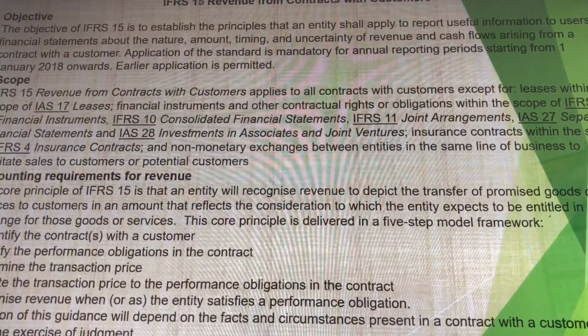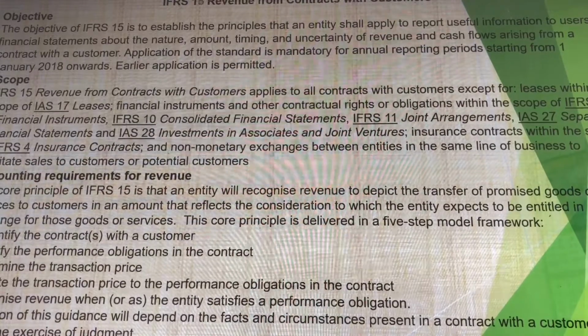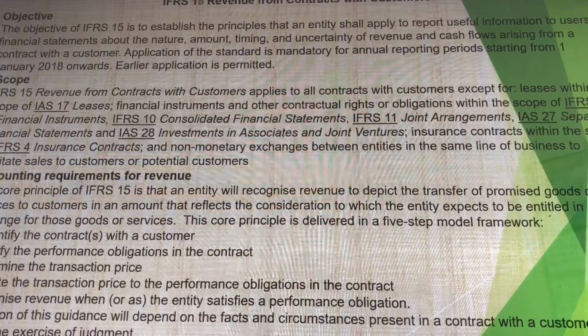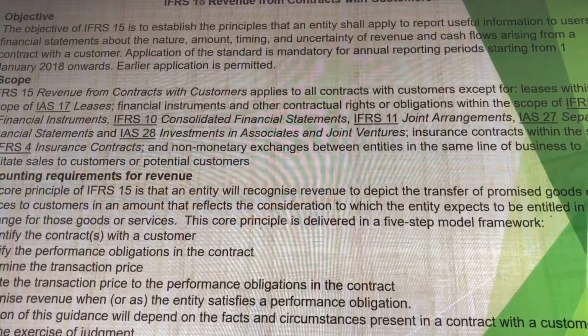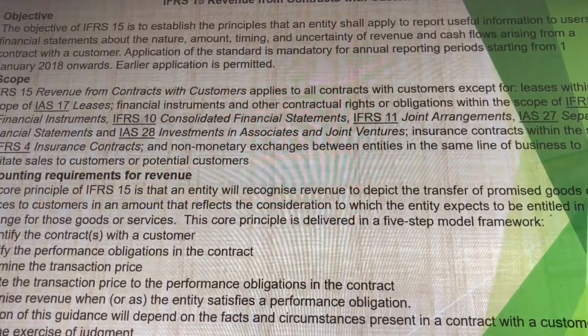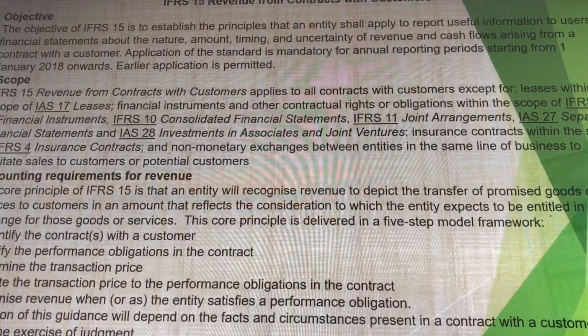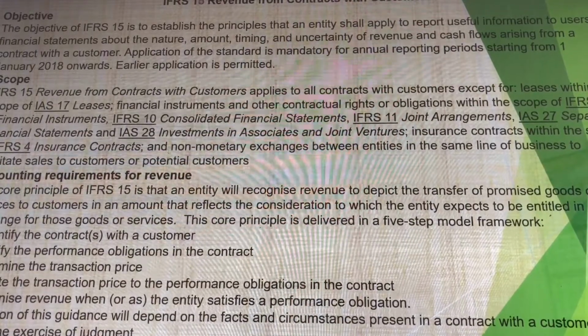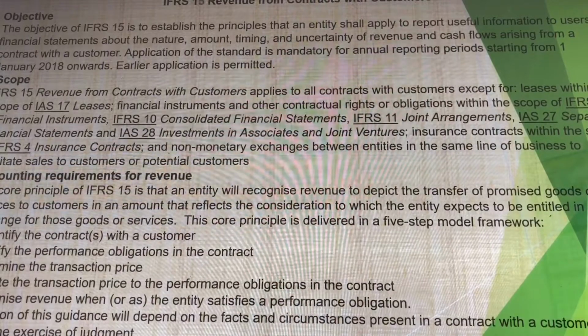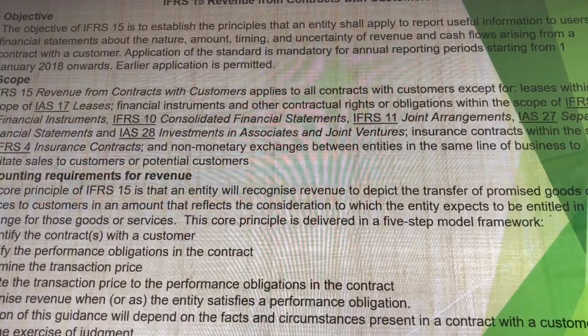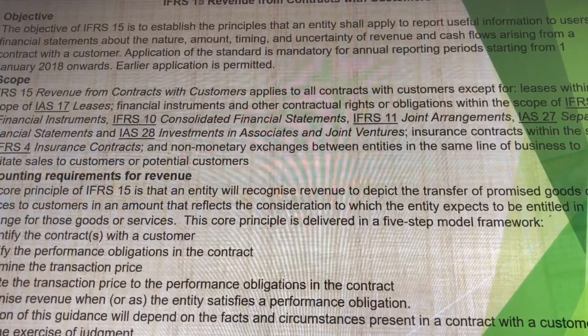Number 1, identify the contract with the customer. Number 2, identify the performance obligations in the contract. Number 3, determine the transaction price. Number 4, allocate the transaction price to the performance obligations. And number 5, recognize revenue when the entity satisfies the performance obligation.